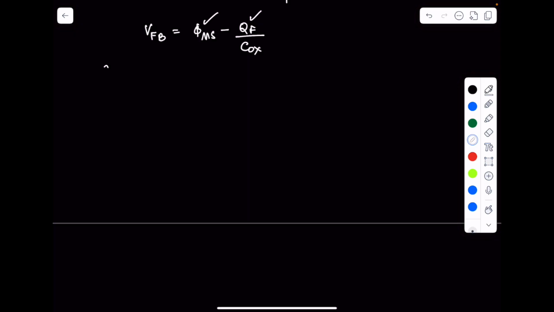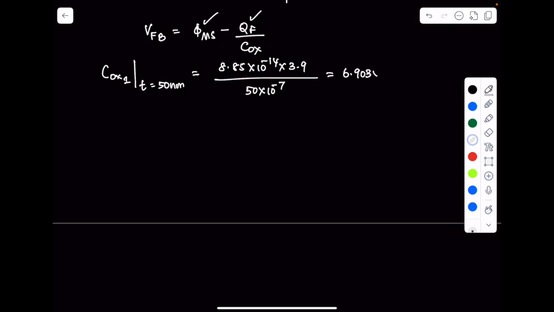So Cox1, that is when T is equal to 50 nanometers, is given by 8.85 into 10 power minus 14 into 3.9 divided by 50 into 10 power minus 7, which is 6.903 into 10 power minus 8 farads per centimeter squared.